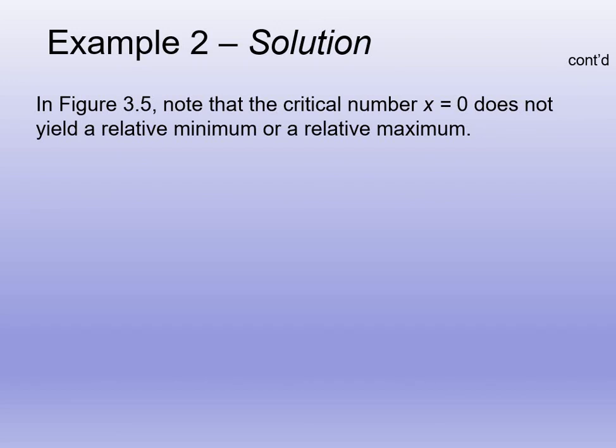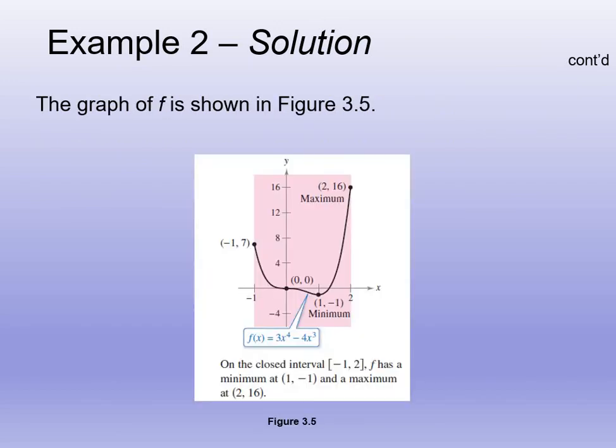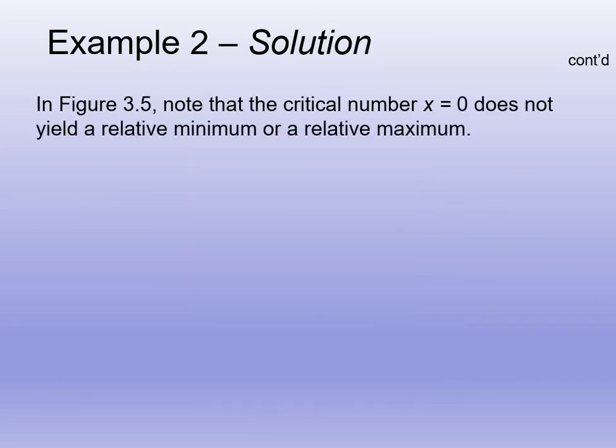Notice, stepping back a slide, we did have the other critical number. That was 0, 0, but notice at 0, it doesn't give us a max or minimum. So just remember, the critical numbers don't always mean that we have to have a max there or a min there. It tells us that a minimum or a maximum can occur there.